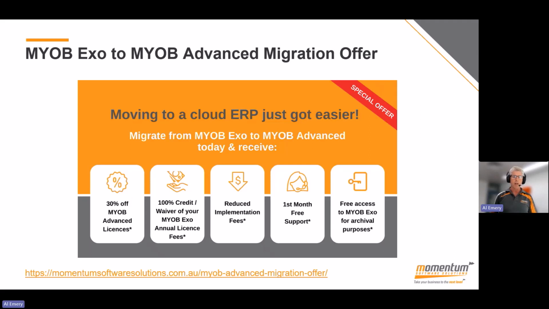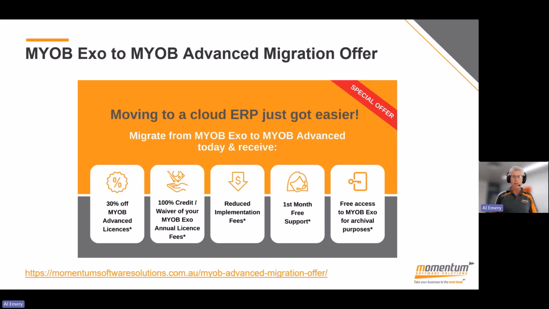So that's quite a sizable discount. MYOB Advanced, being a SaaS cloud-based product, has a monthly subscription fee, unlike Exo, which when you first purchased it had quite a sizable initial license fee and then has ongoing annual license fees. The cloud software is a monthly fee based on the number of employees that you are paying. So 30% off the Advanced licenses.